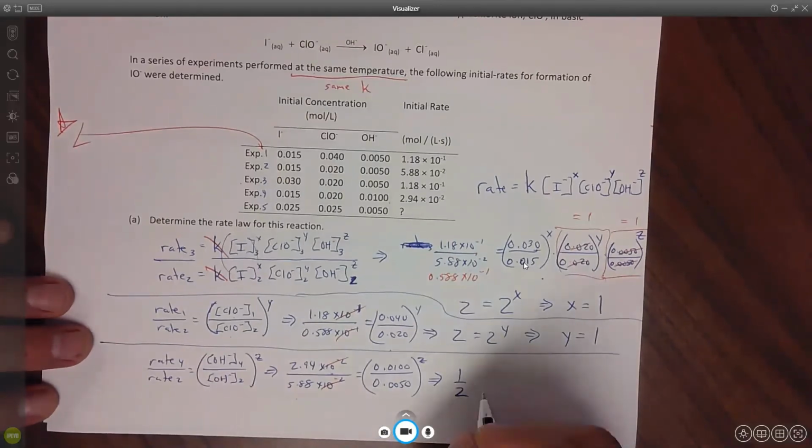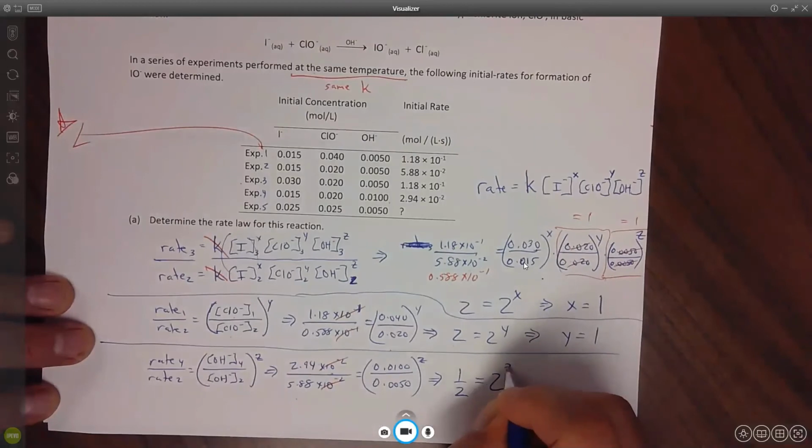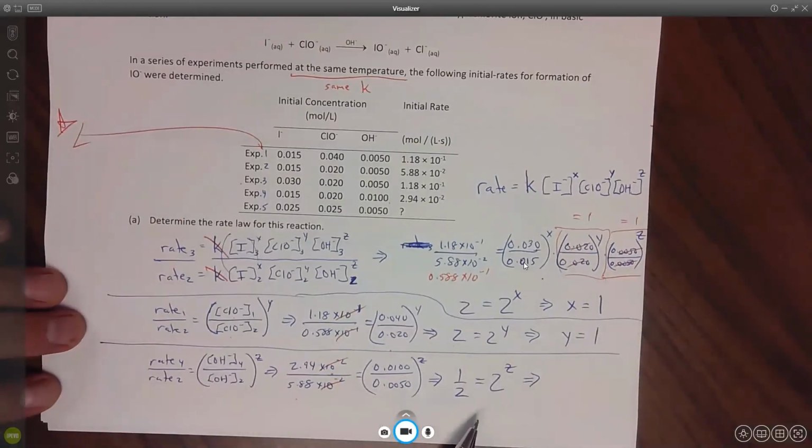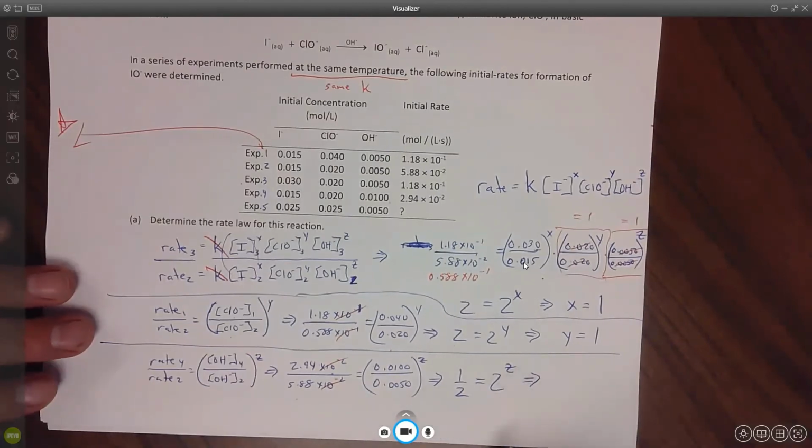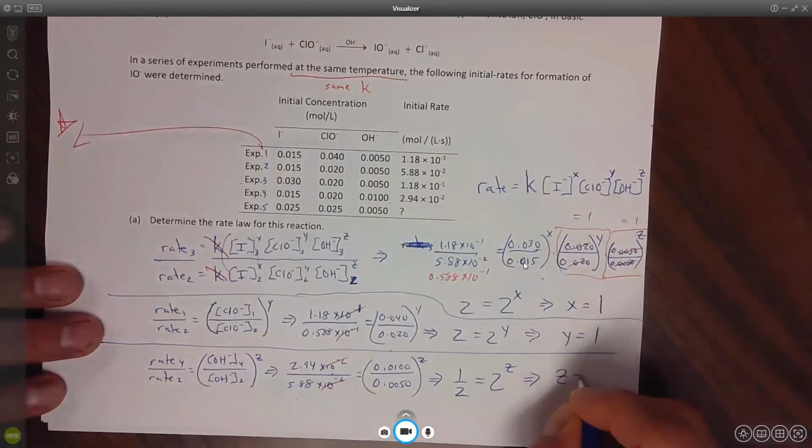It's 2. That is just 2. Therefore, what's Z? Nope, my bad. 2 to the 2 would be 4. That's the 1/2 then. It's going to be -1, right? Z is going to be -1.